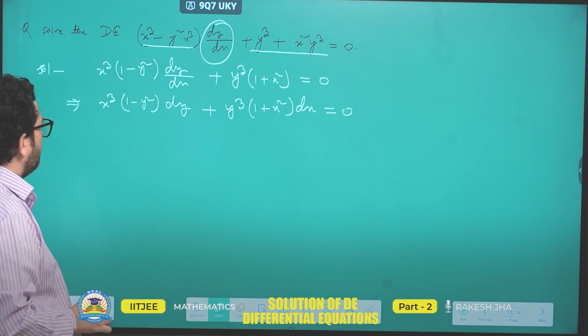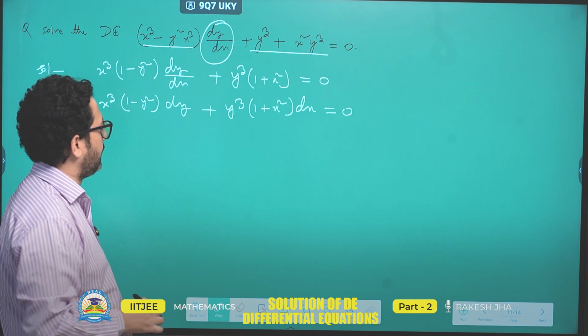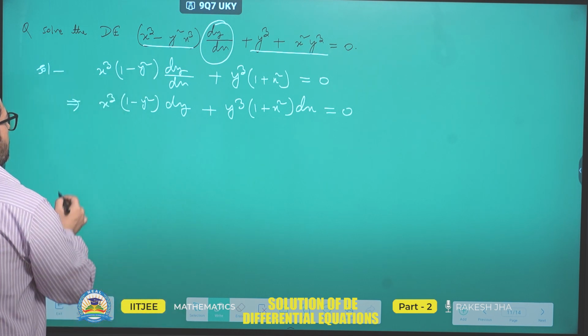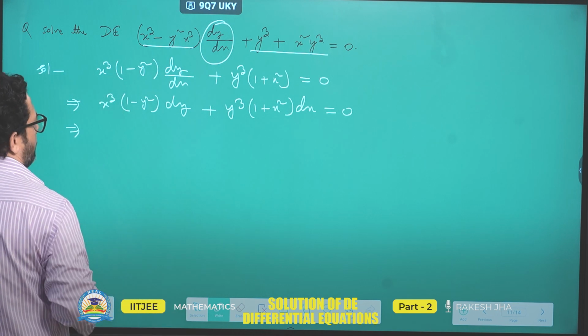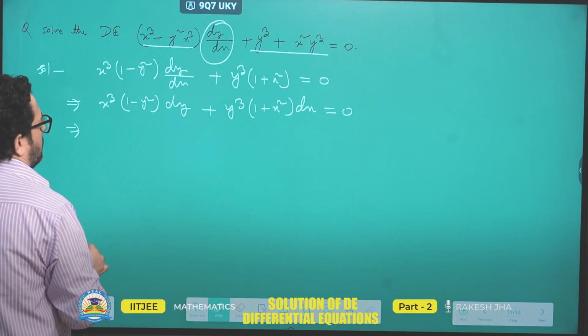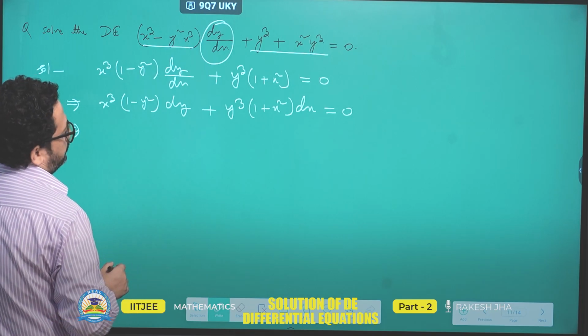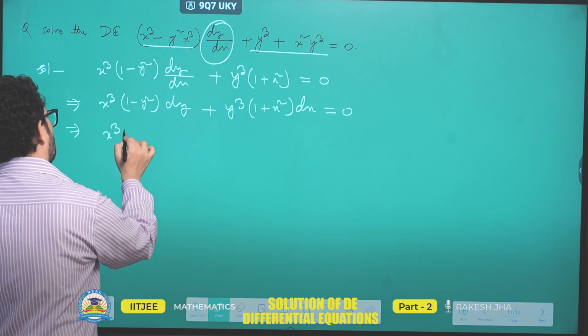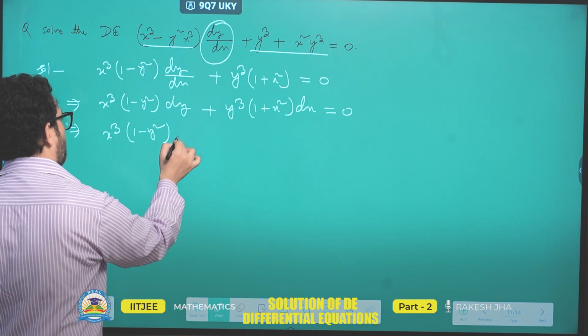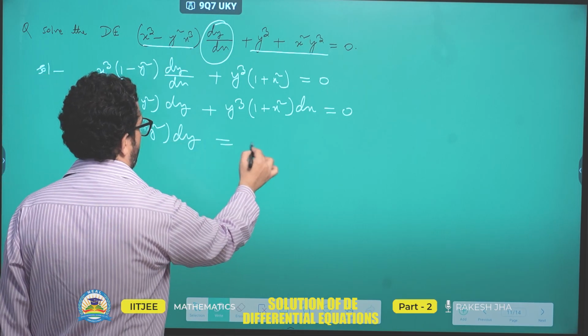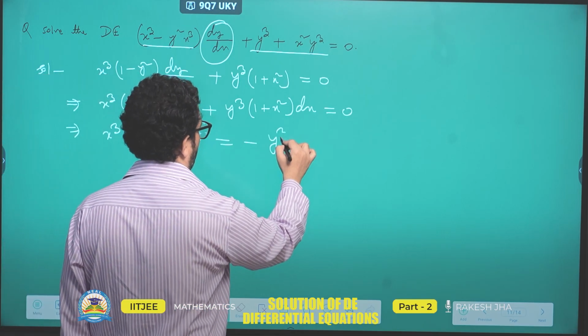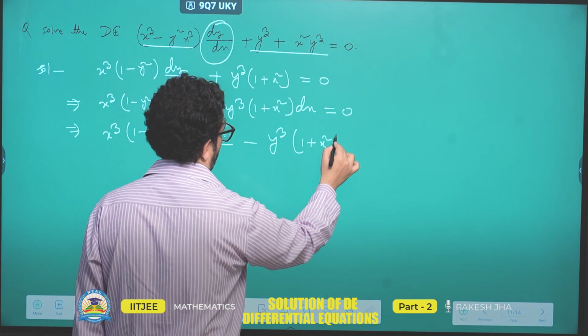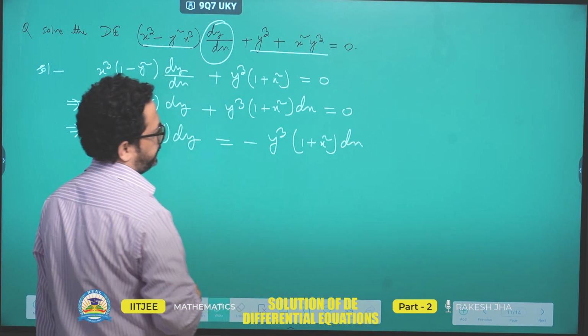Now let's do one thing. We keep the dx part on the right hand side. So x cube times 1 minus y square dy is equal to negative of y cube times 1 plus x square times dx.